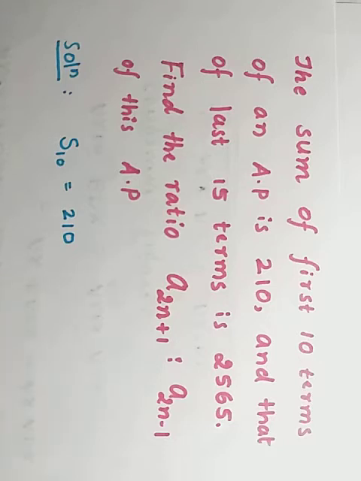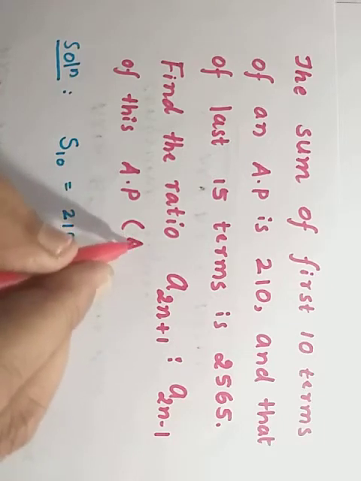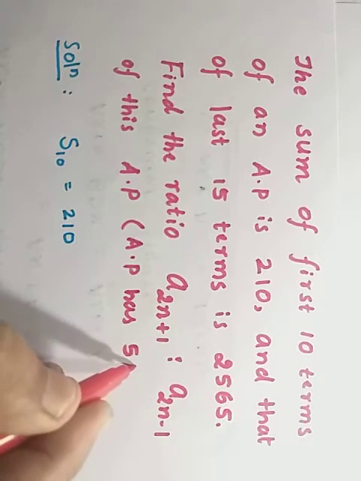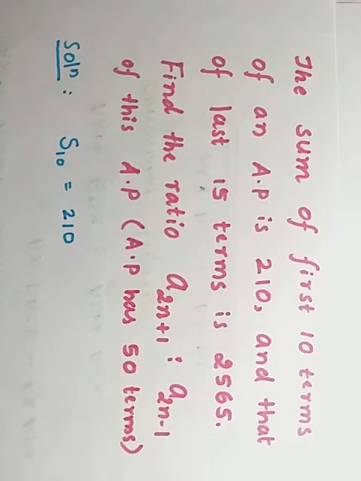Here, what is a little missing is that, in brackets, I'll add to the question: the AP has 50 terms. This is an addition to the question. The AP has a total of 50 terms.